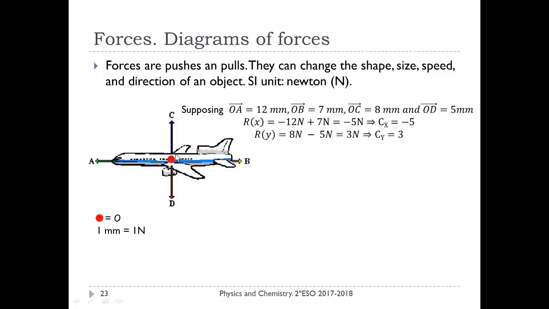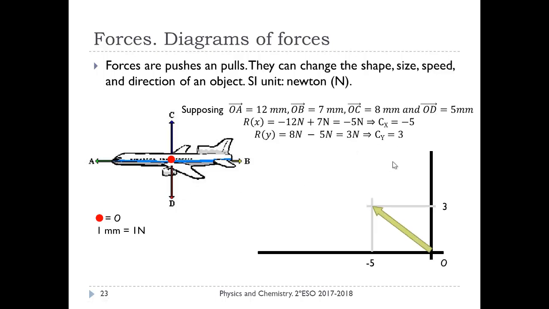We have 8 newtons pushing up and 5 newtons pushing down. So we have to subtract them, because D in the Cartesian plane on the y-axis would be negative. That leaves us 3 newtons, and we can graph this final vector in the Cartesian plane, as we have the x component, which is going to be 5, and the y component, which is 3. So the airplane would be traveling kind of like this.